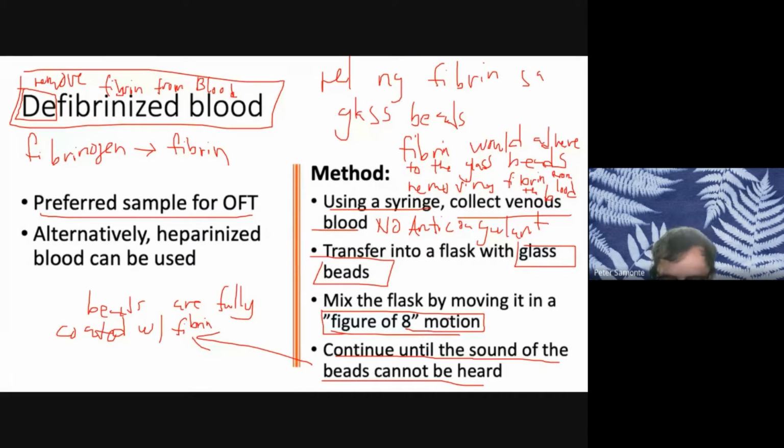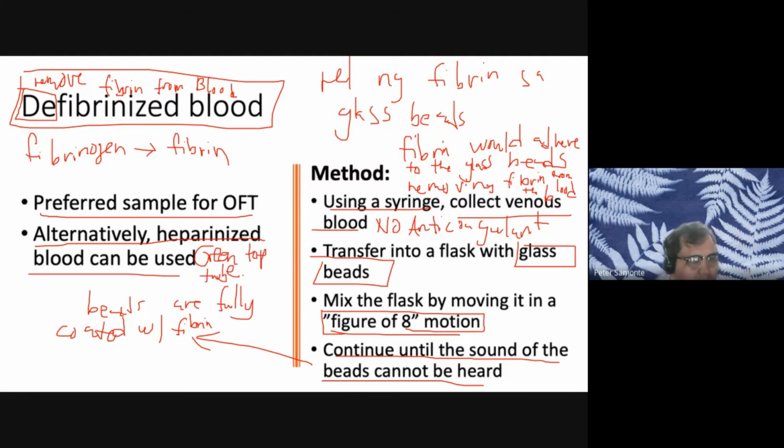Now, the problem with the defibrinated blood, class, is that it is not routinely used in the lab. It is very tedious to do. So, an alternative that you could use is heparinized blood. You're going to use your green top tube, the heparin.